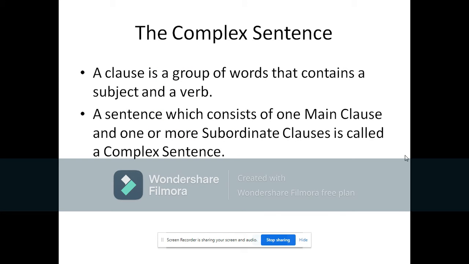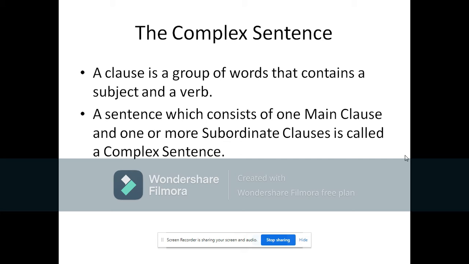Now, the complex sentence. A clause is a group of words that contains a subject and a verb. A sentence which consists of one main clause and one or more subordinate clauses is called a complex sentence.